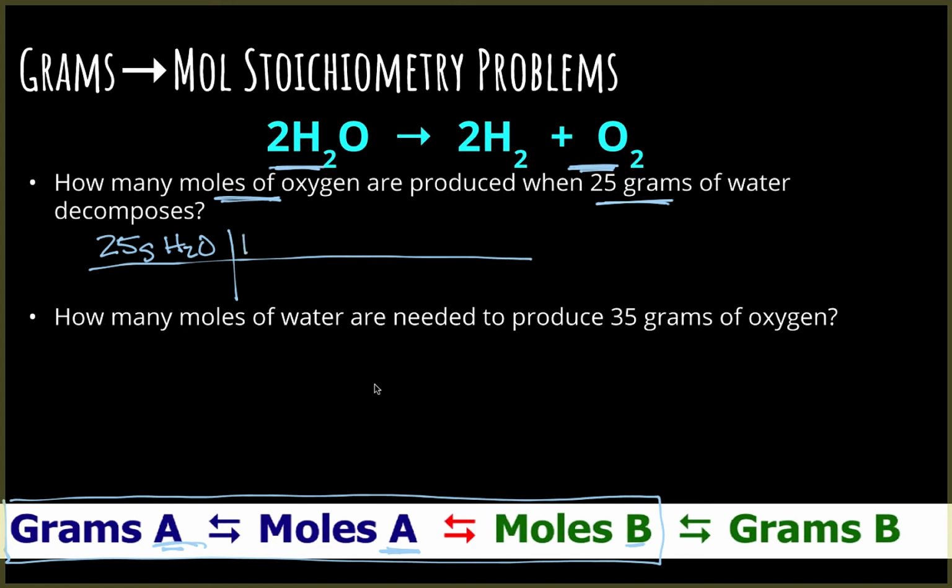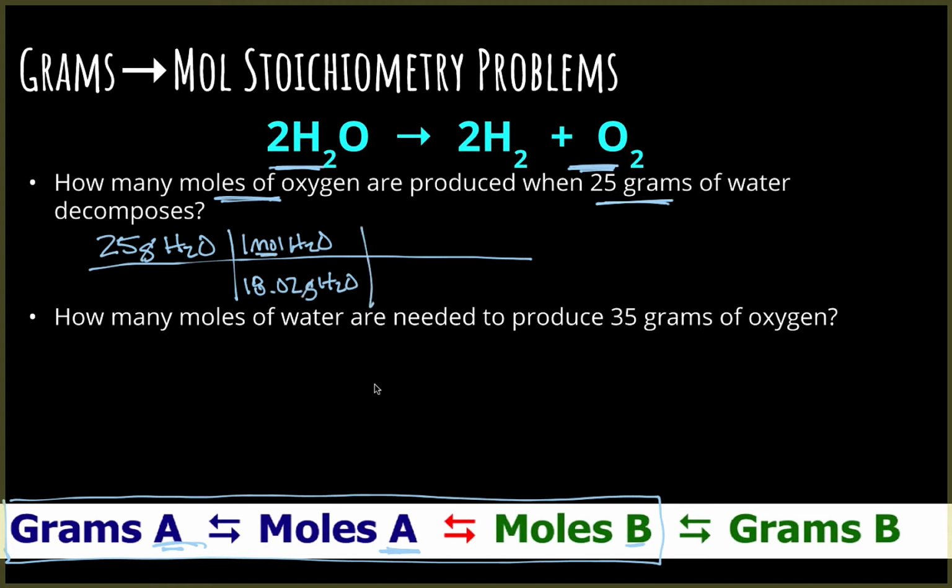So 1 mole of anything from the periodic table is equal to its molar mass. So if I add up the masses of 2 H's plus 1 O, I get 18.02 grams of H2O. So that gets rid of grams. Now I'm left with moles.